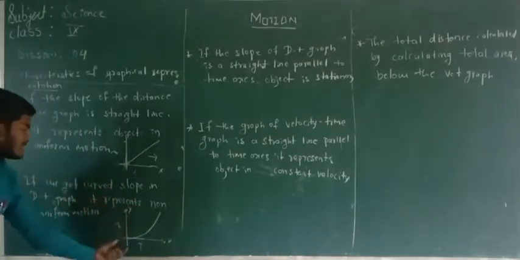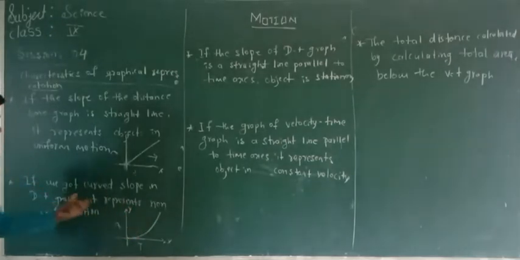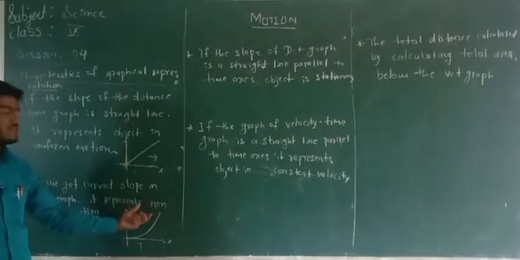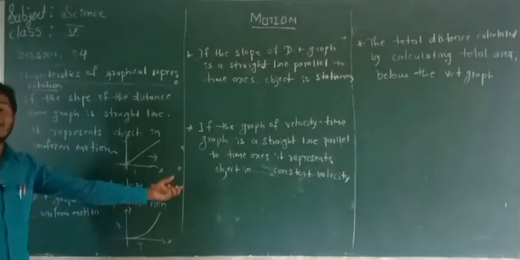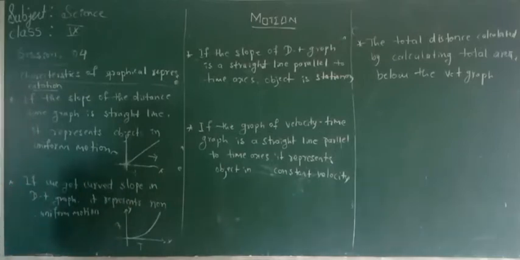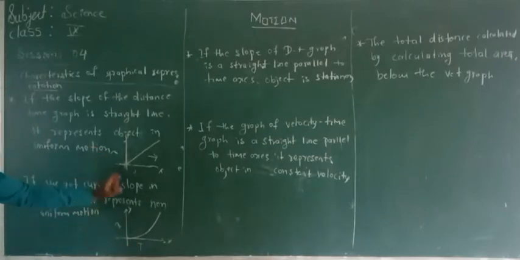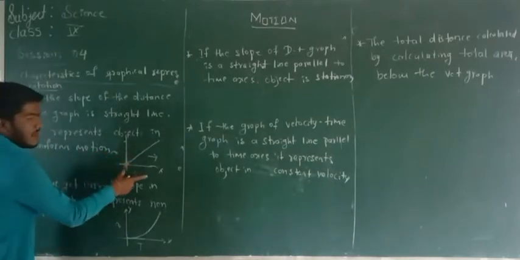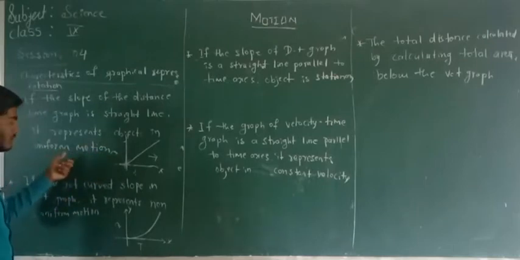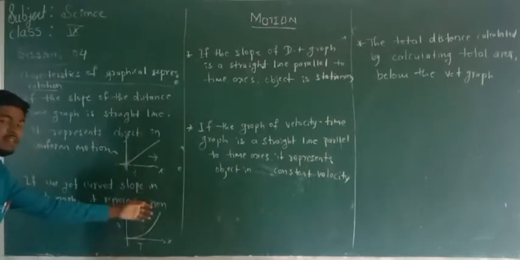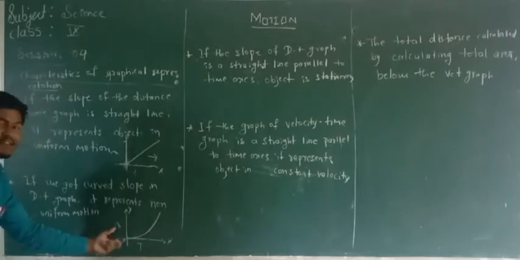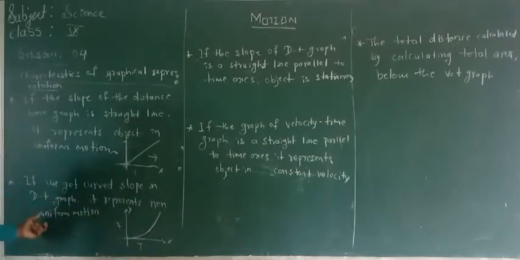If we get this type of slope in a distance time graph, it represents non-uniform motion, that is, the object doesn't cover equal distances in equal intervals of time. So remember, a straight line in a distance time graph represents uniform motion, and a curved slope represents non-uniform motion.